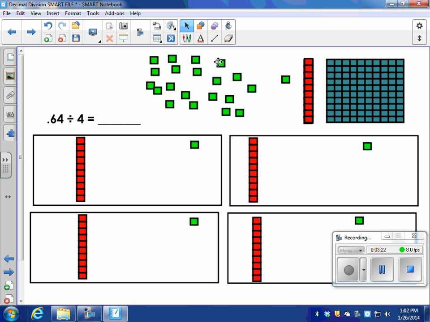So let's count. There's 4, 5, 6, 7, 8, 9, 10, 11, 12, 13, 14, 15, 16, 17, 18, 19, 20. So here I have 20 hundredths. And now I can divide those up into 4 groups. So I can just put in each group.